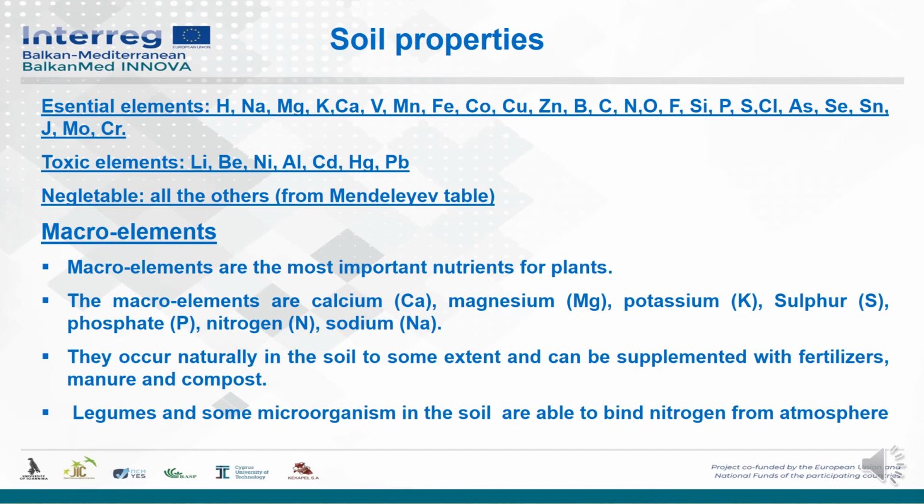The macro elements are calcium, magnesium, potassium, sulfur, phosphate, nitrogen, and sodium. They occur naturally in the soil to some extent and can be supplemented with fertilizer, manure, and compost. Legumes and some microorganisms in the soil are able to fix nitrogen from the atmosphere.